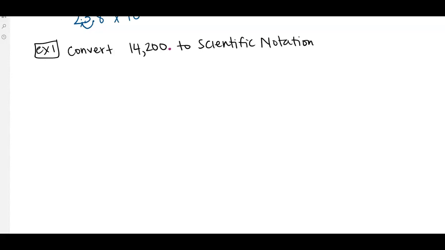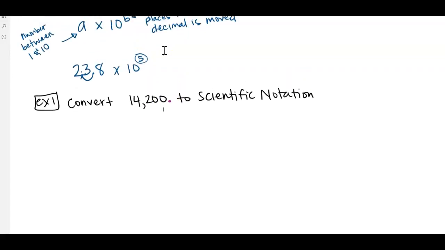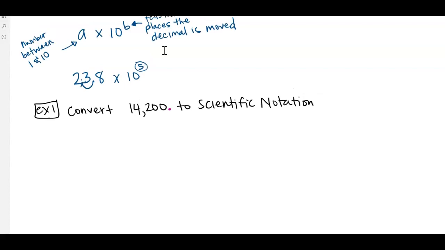And we said in order for it to be in scientific notation, I've got to move that decimal point so that my number is now between 1 and 10. So I have to move it more than that because that's 1,420, 142, 14.2, and then I've got to move it here, so that it's saying 1.42.